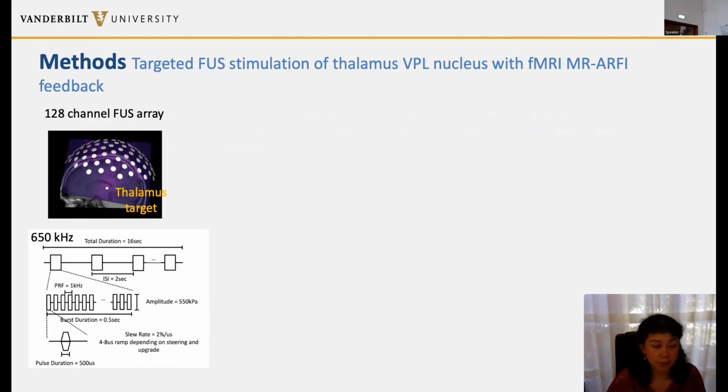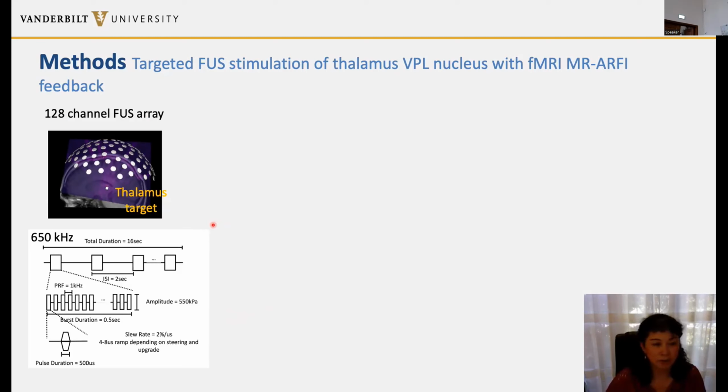Our previous study has shown that high intensity ultrasound can excite brain activity of brain neurons, while moderate intensity ultrasound can suppress brain response. In this particular project, we implemented a 650 kilohertz ultrasound pulse and delivered it at 550 kilopascal pressure intensity.